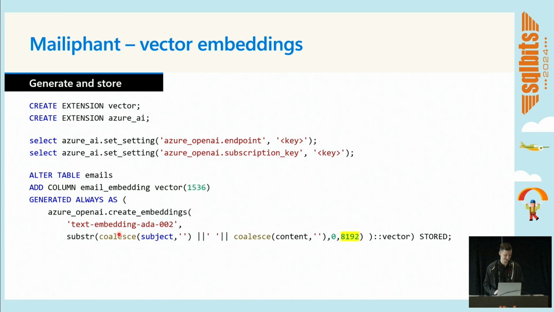So I'm playing safe here. I know that some subjects are nil in my data set. Exploring data sets from old emails is very fun. They are unexpectable. So we are going to concatenate the subject of the email and the content of the email. And this is cast to the vector and stored.